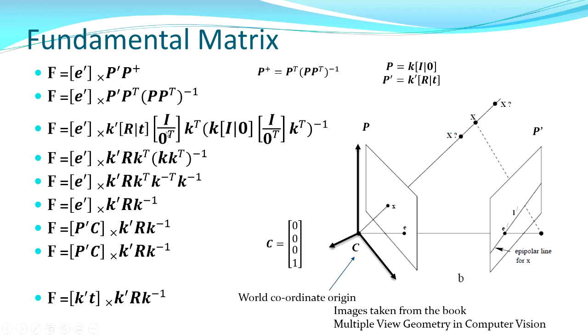Now you will see that over here, this I gets multiplied with R, and this 0 gets multiplied with T. Because of that, that T goes out, and you are just left with K dash R and K transpose. So this K transpose is over here. Next, this thing over here is I into I and 0 into 0. So I into I will give you I, and 0 into 0 will give you nothing.